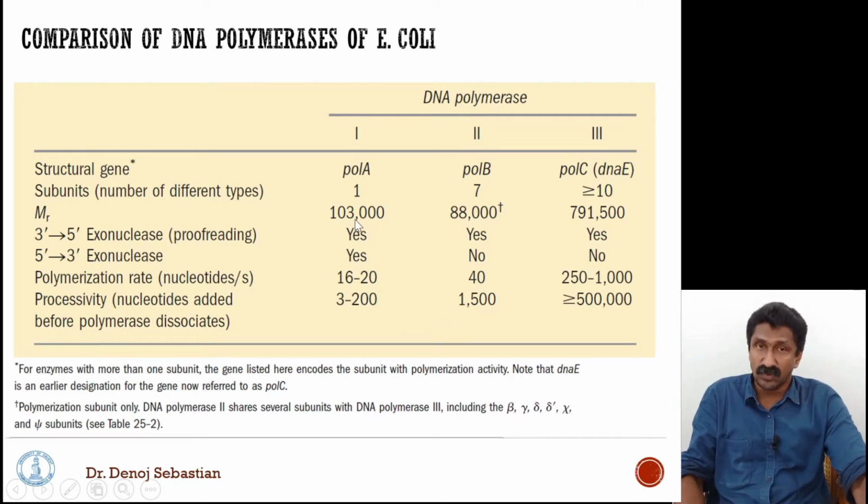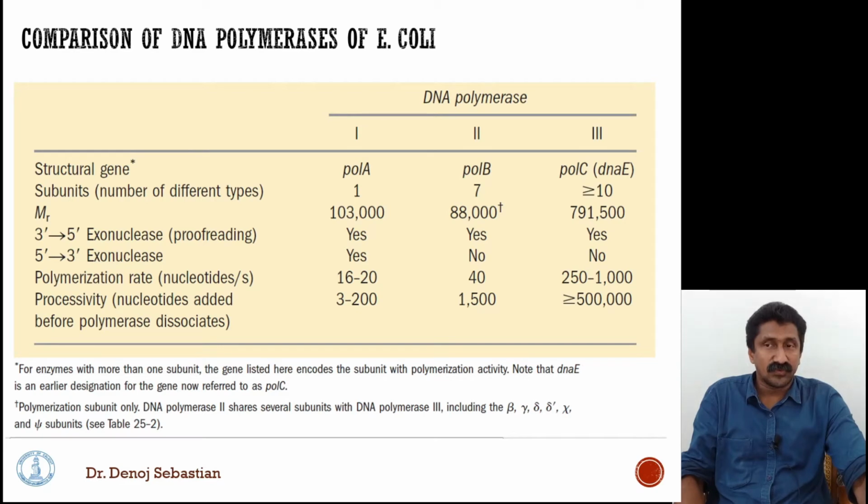And in the case of DNA polymerase 3, which is coded by Pol C, there are more than 10 subunits available. This is the molecular weight of the concerned polymerase enzymes, and this is an important parameter when we are discussing the properties of the DNA polymerases.